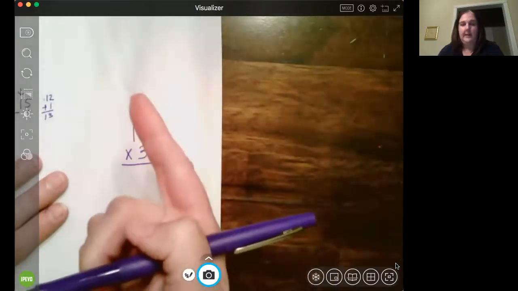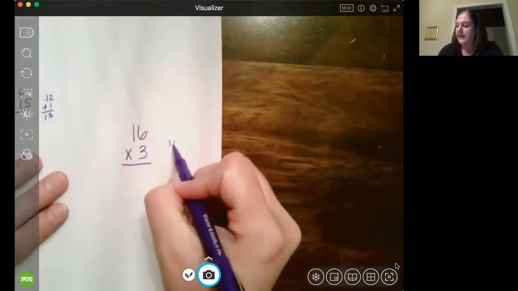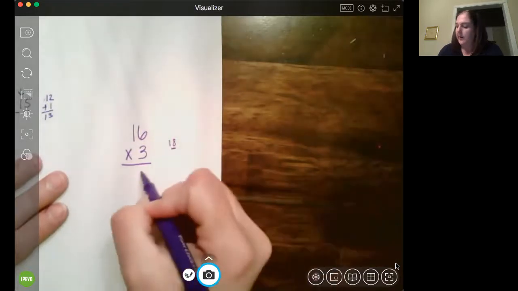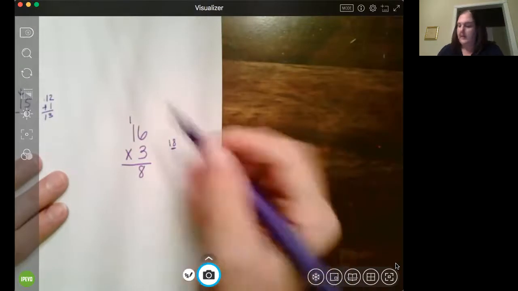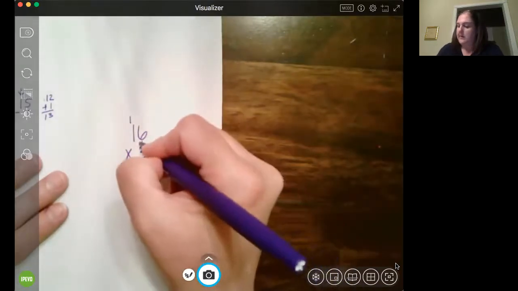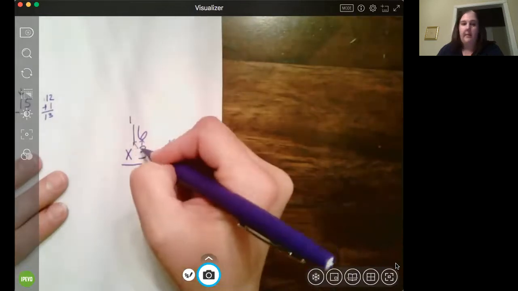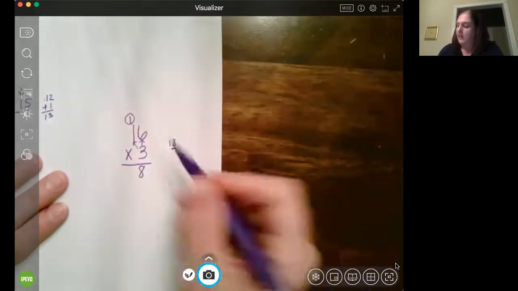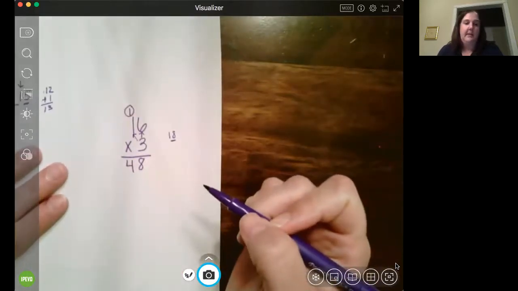So think of your 6s: 6, 12, 18. Okay, so that was 18. Well, 8 is in the ones place, so we write our 8 and carry the 1 that's in the tens. Okay, so that was 6 times 3. Now we take that 3 times the 1. 3 times 1 is 3, plus the 1 makes it 4. So 16 times 3 is 48.